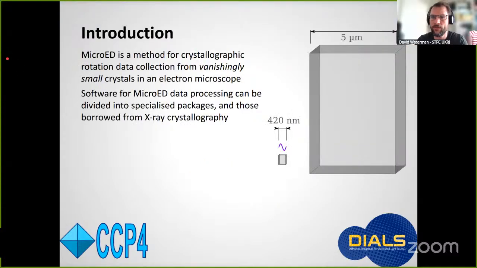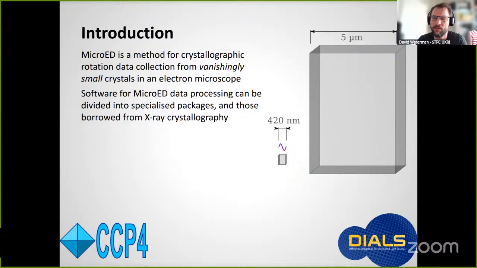So I've got a general introduction slide about MicroED, and this is quite similar to material that Tim presented yesterday, but I like to show this as a reminder, particularly to X-ray crystallographers, of the vast scale difference between the two methods. With X-ray crystallography, even at the best microfocus beamlines, you're limited to crystals down to, well, 5 microns is a bit big. At VMXM at Diamond, you can get down to just under a micron to a side for crystals.